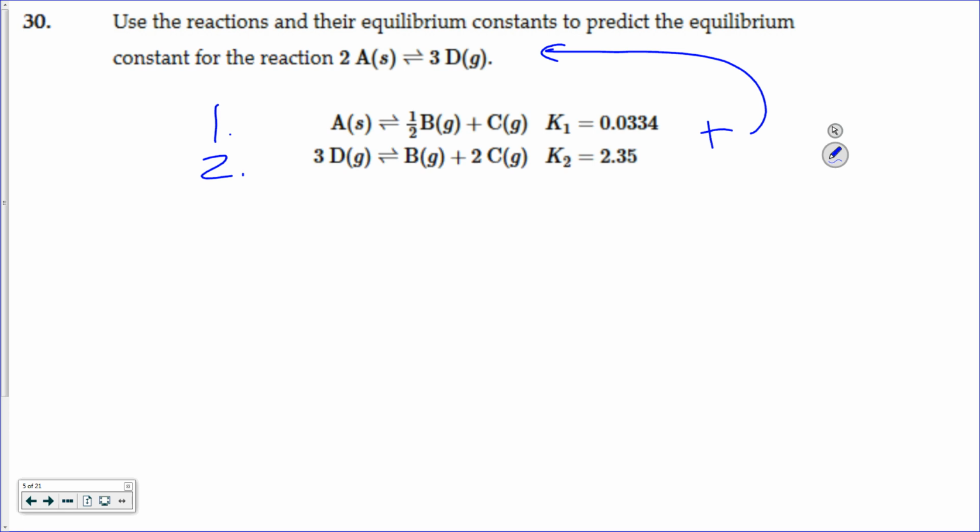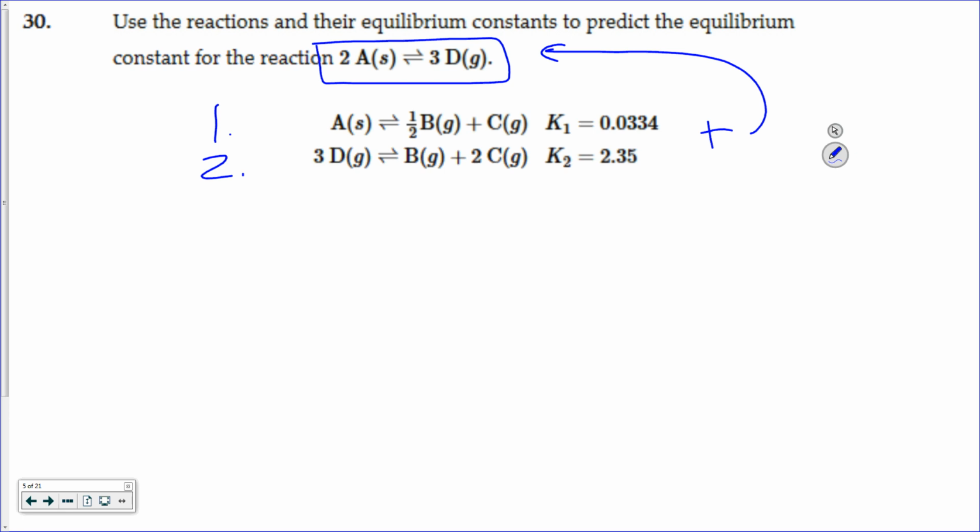If I look at reaction number 1, and if I look at the reactants, what's common between number 1 and the reaction I'm trying to solve for? What's related between those two things? The A's in there. But how many copies of A do we need? That means I've got to use that one twice.